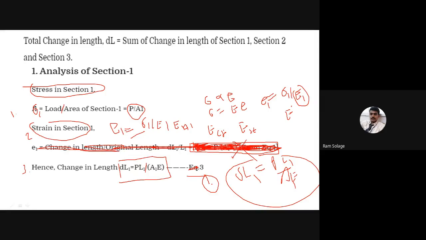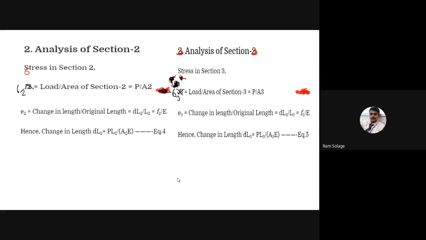Analysis of section 1, section 2 and section 3. I give the equation 1, equation 2 and equation 3.